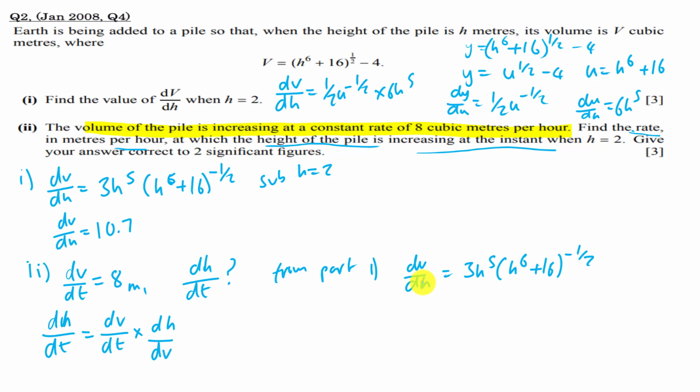But can you see this is dV dh? But to get dh dt, we have to flip this round, right? So that means dh dV is the reciprocal, is just going to be 1 over 3h to the power 5, h to the 6 plus 16 to the power minus half. That's the key point to unlocking this question.